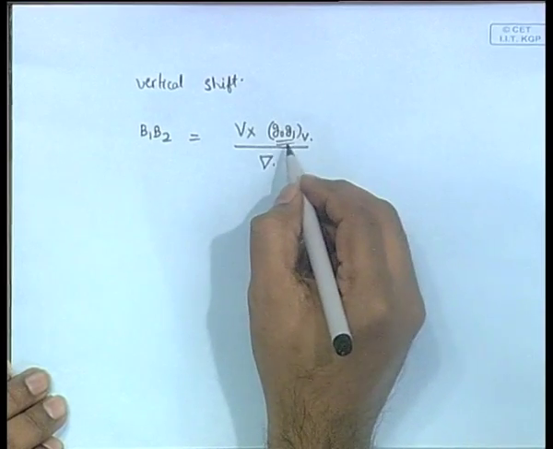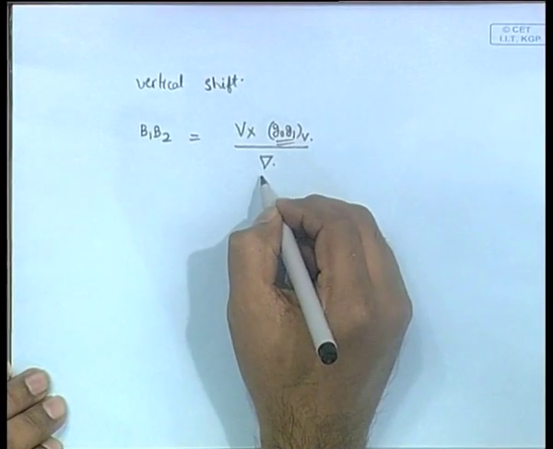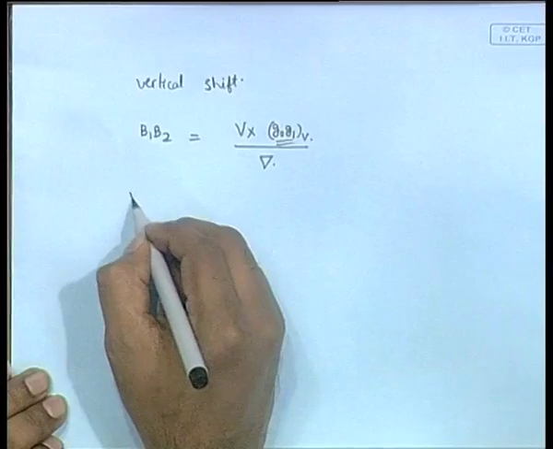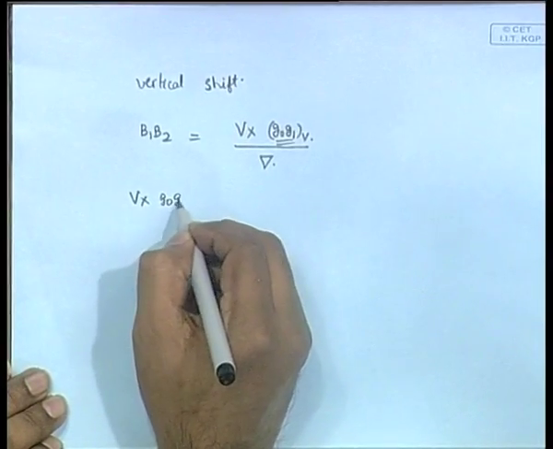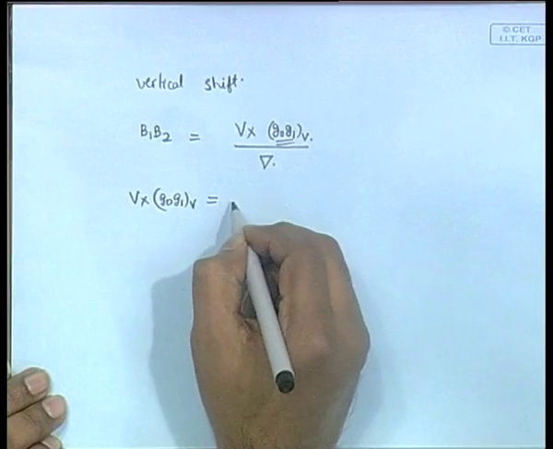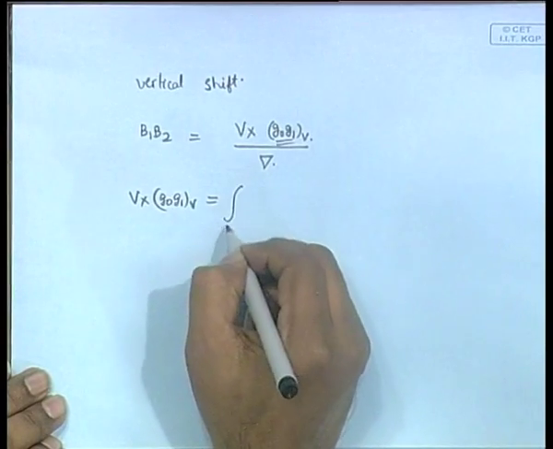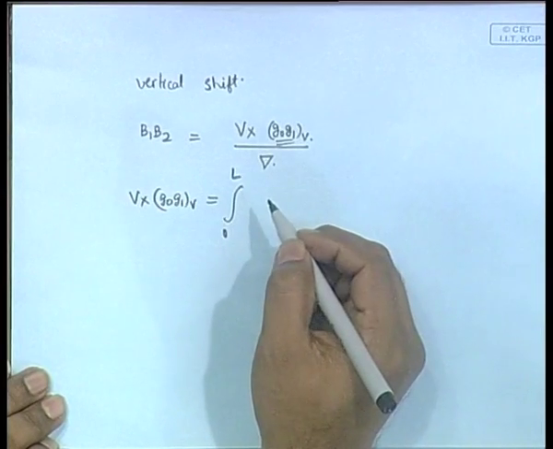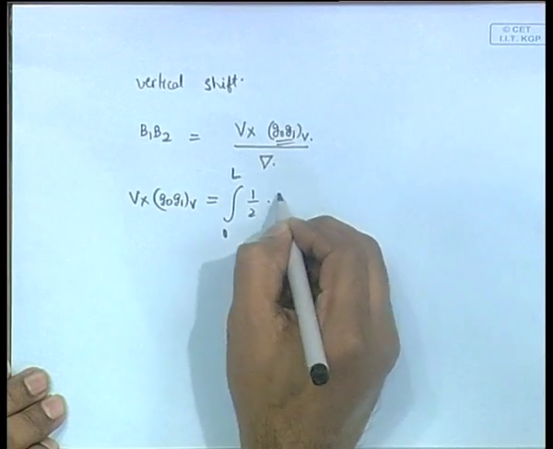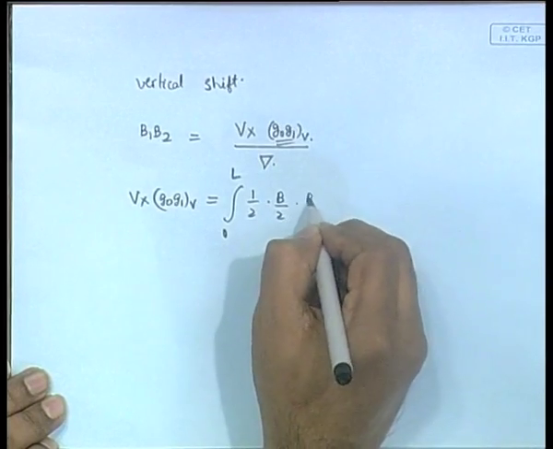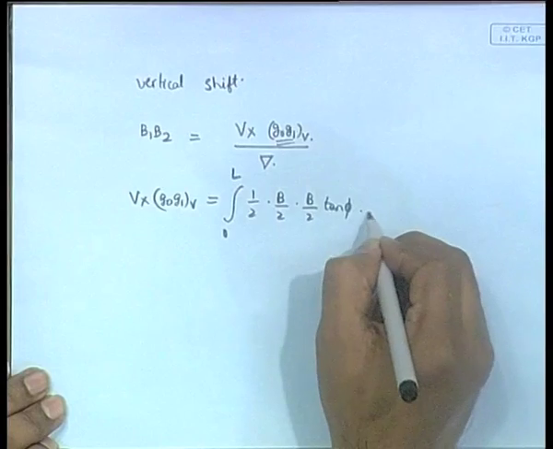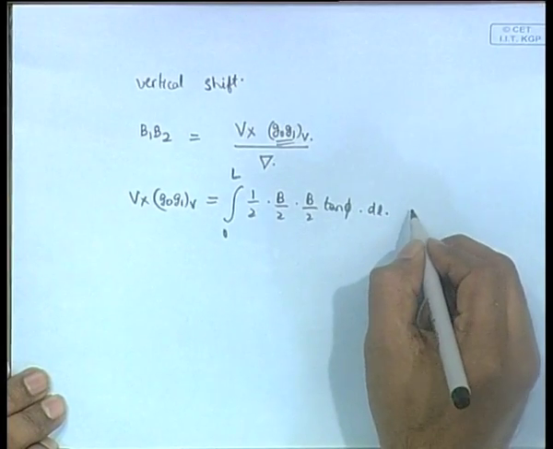So, B1B2 is equal to V into G0G1 vertical divided by del. And this vertical will be given by, again the same thing, half base into altitude, into dl.